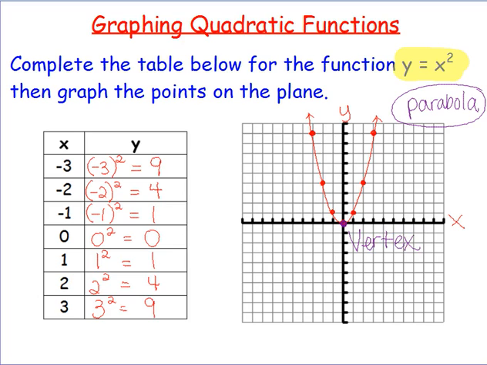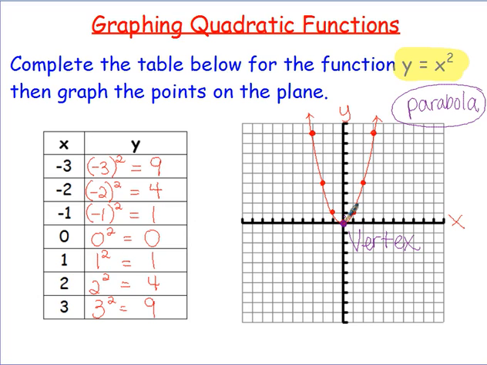It will always be in the dead center. It will either be at the very bottom or the very top of the graph. So those are a couple of vocab words that you will hear me use a lot throughout this unit. So make sure you know, parabola is the name for the curved shape, and vertex is this point always in the dead center.